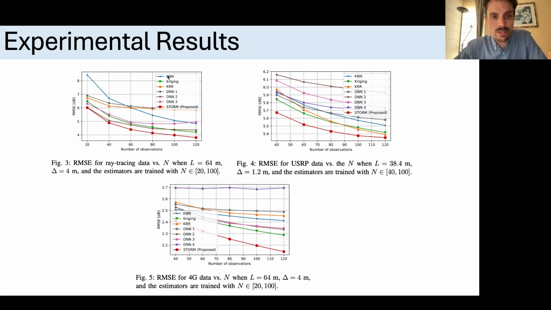Traditional estimators cannot learn from data, whereas deep learning estimators require grid discretization. So the proposed algorithm does not need grid discretization and can learn from data, and this is why it attains the best results.